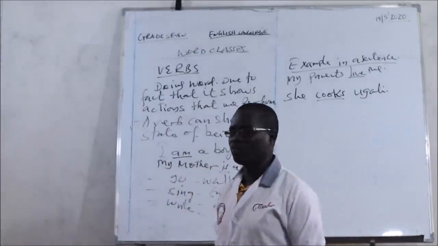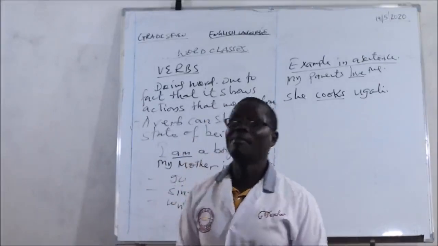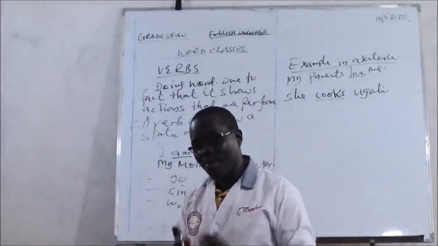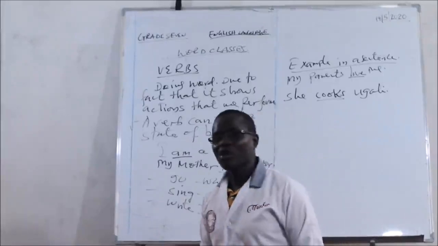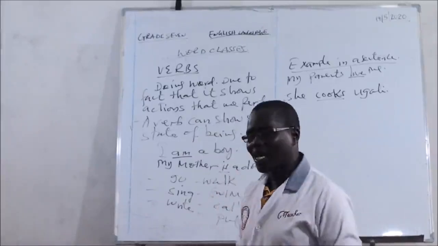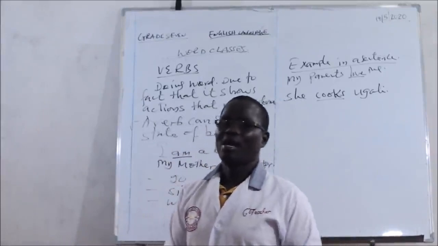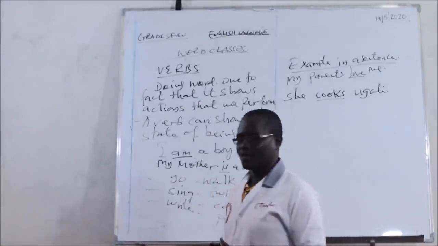Here we have the main verb, which can simply be called a lexical verb. Then again we have the so-called helping verb, which can simply be called an auxiliary verb.